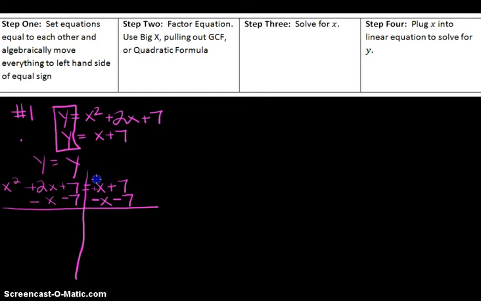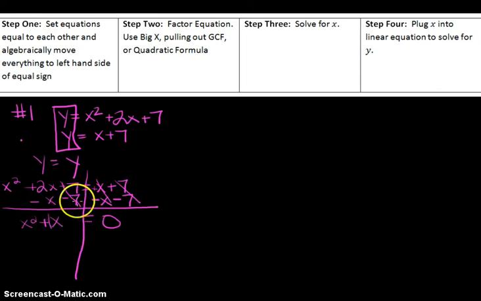Okay, and this now reduces down to 0. 7 minus 7 is 0. 2x minus x is x, and then I have x squared. Alright, and this is a plus x because 2 minus 1 is a positive 1. Alright, so we're done with step 1.